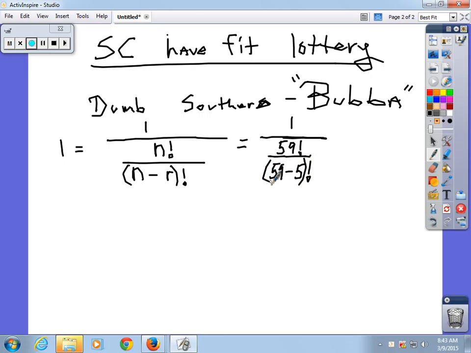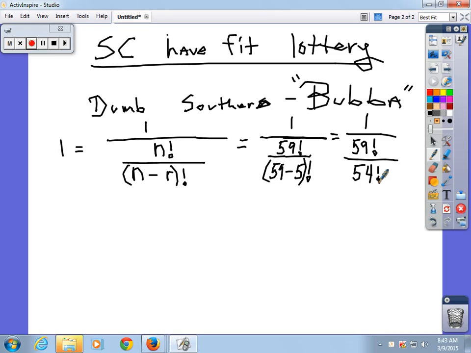Now, what this does, basically, is it sets up 1 over 59 factorial over 54 factorial. Can anybody tell me what that does? Well, what happens with 54 factorial down there?